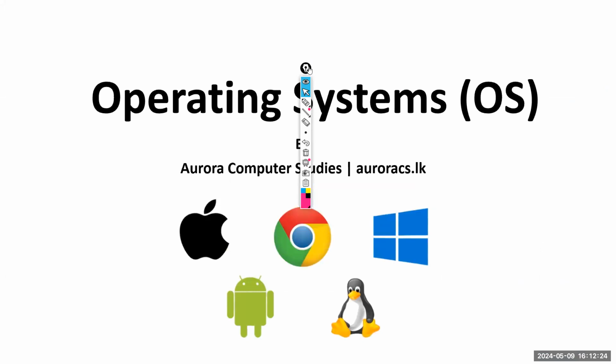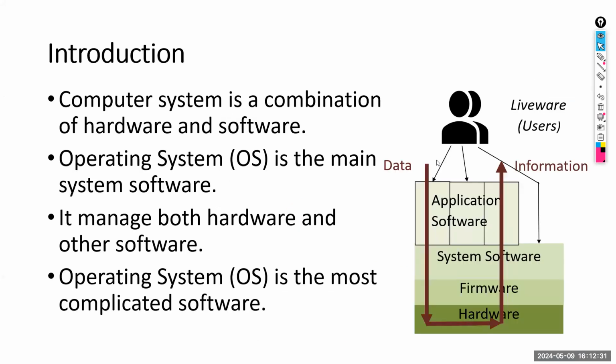Right. So remember, we can understand a computer system using layered architecture. That is something we discussed on the very first day when we discussed introduction to computers. That is the most effective approach.